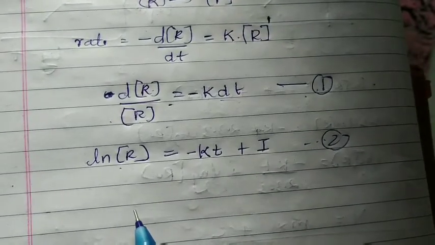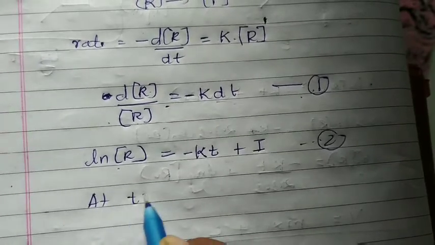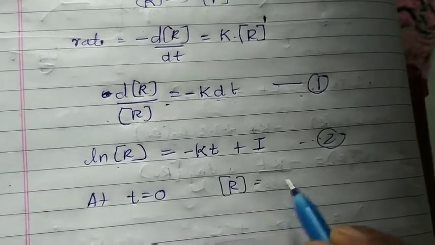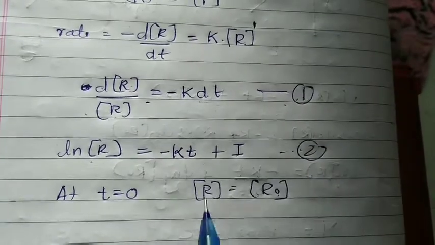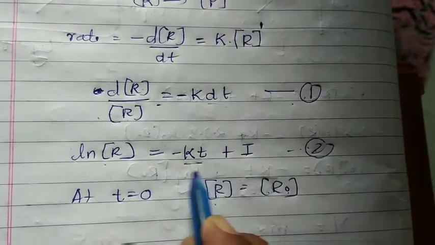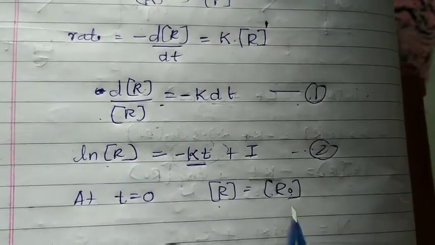Suppose during the initial start of the reaction at time t is equal to 0, then R we can write as R0, means the original concentration. This you put in the above equation number 2, with t equal to 0, then this whole term is equal to 0, and for R we can write R0.